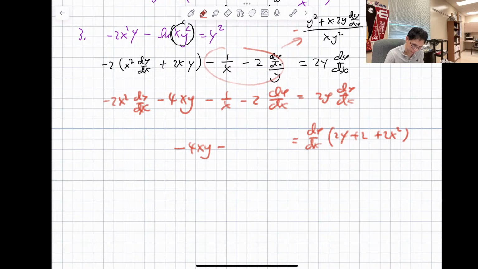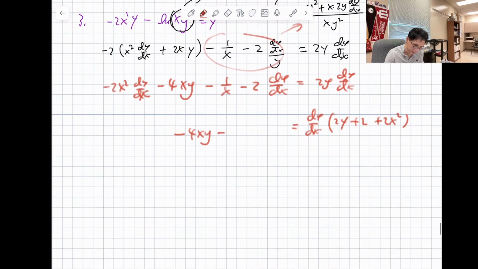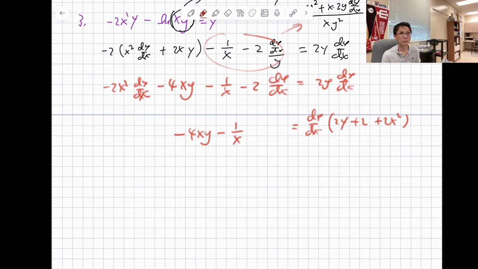Hold on. 2y dy/dx plus 2x plus 2, and then this one is minus 4x, minus 4xy minus 1 over x. Yes. What happened to the over y for the dy/dx over y?